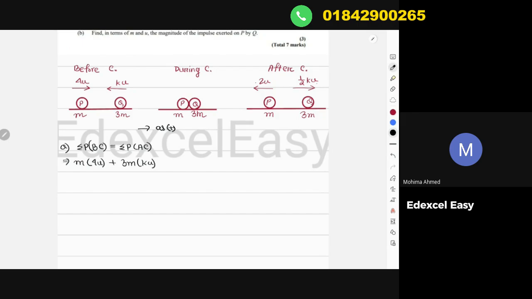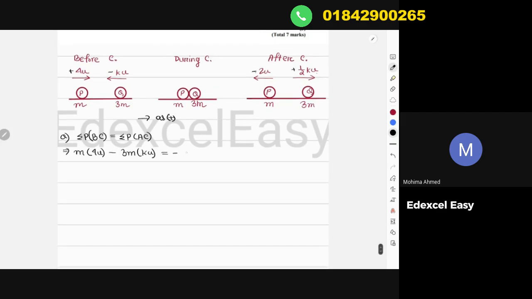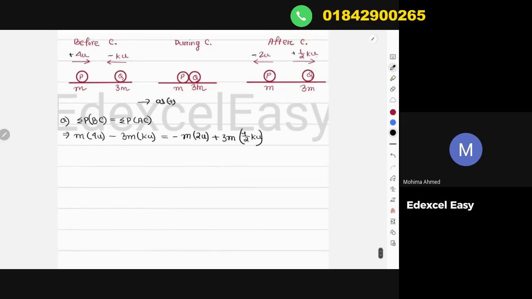So I'll take the direction towards the right as positive, which means this is positive, this is negative, and this is negative, and this is positive. So in that case, 3mku is negative because the velocity there was negative, and this equals minus m multiplied by 2u plus m multiplied by half ku. Right. Now I'll just simplify it.